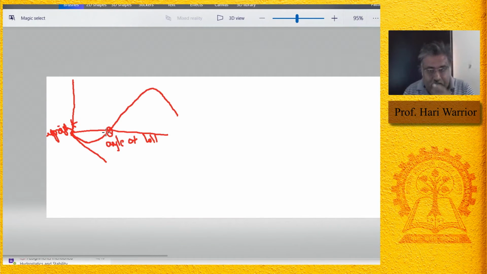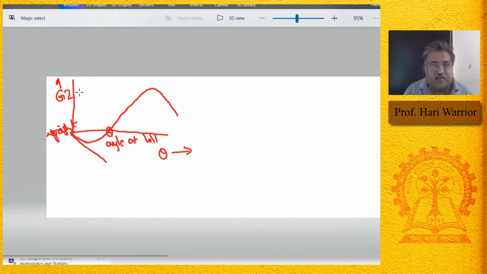Now, one thing we have to do is get this angle of loll. It is slightly difficult to get the angle of loll straight away. So remember, this is GZ, the righting arm, and this is theta, the heel angle.